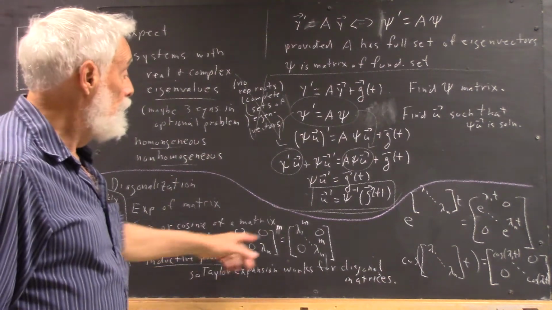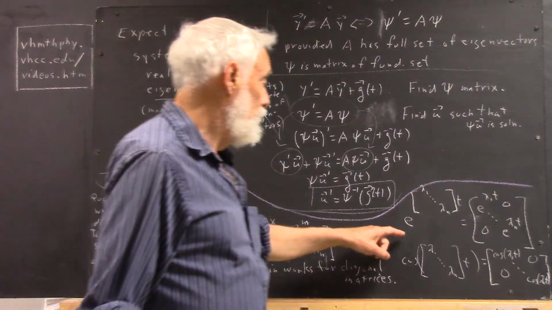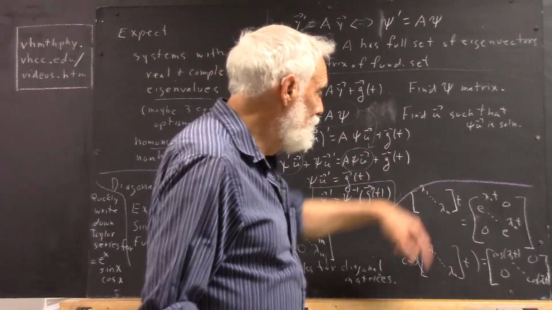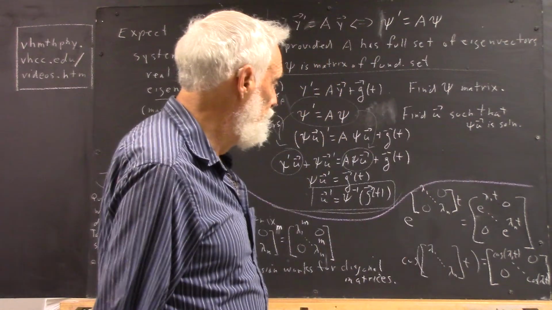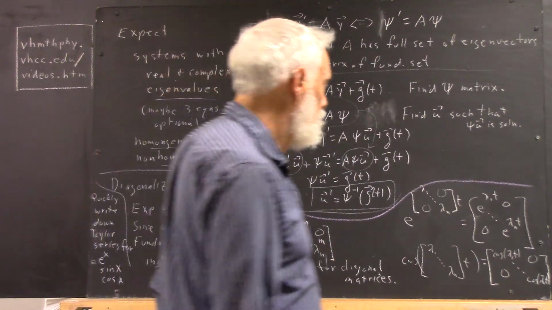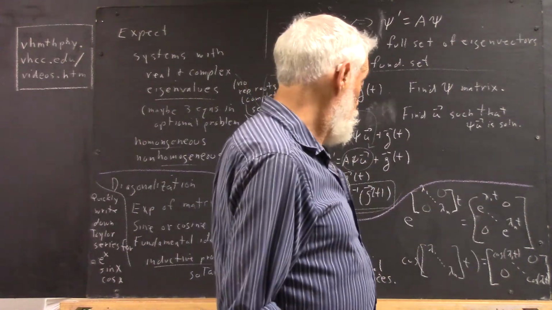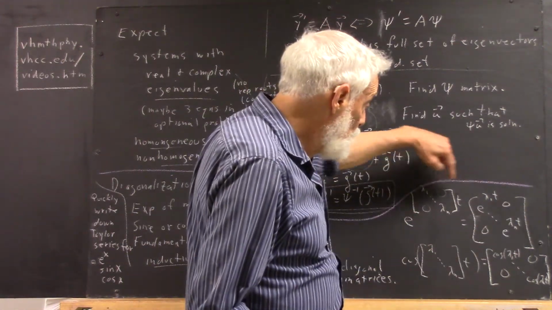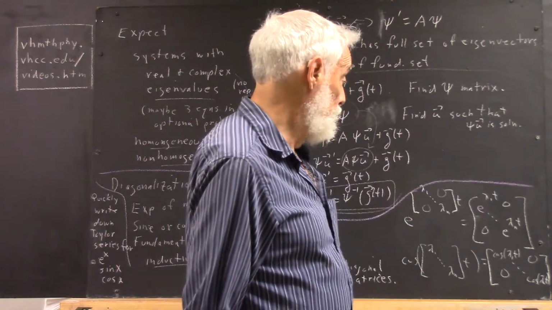Since you can do this, you can easily prove that e to the diagonal matrix times t is just the matrix with e to the lambda 1 t, e to the lambda 2 t, all the way down to e to the lambda n t on the diagonal.